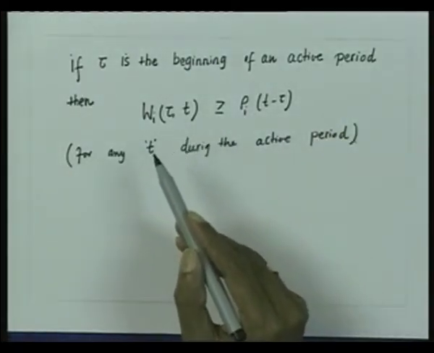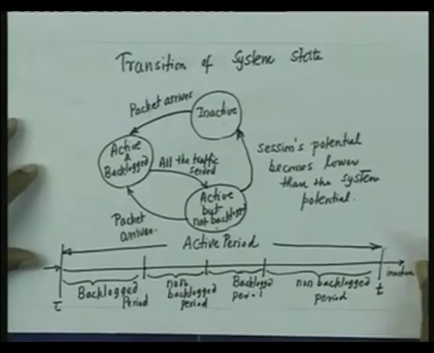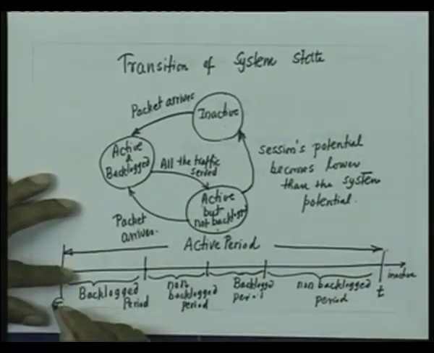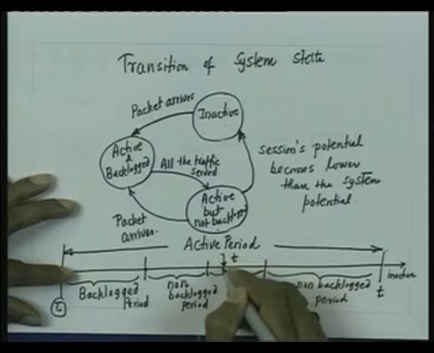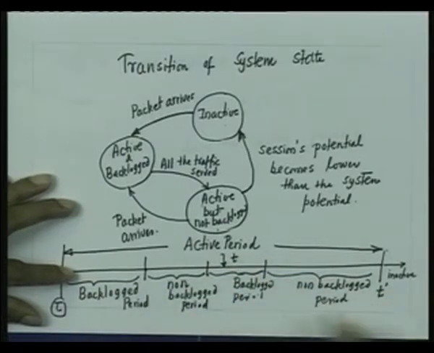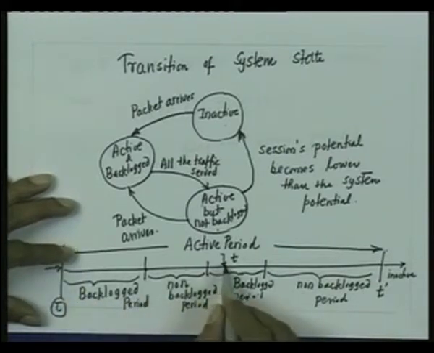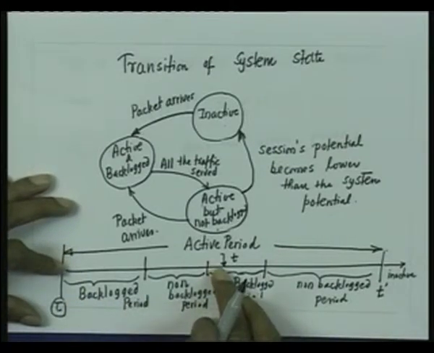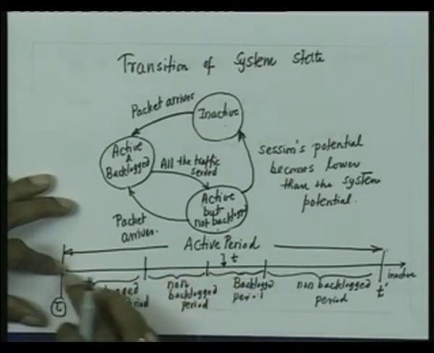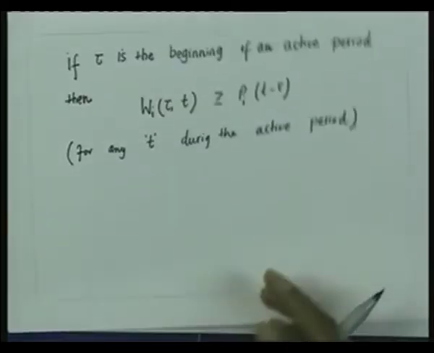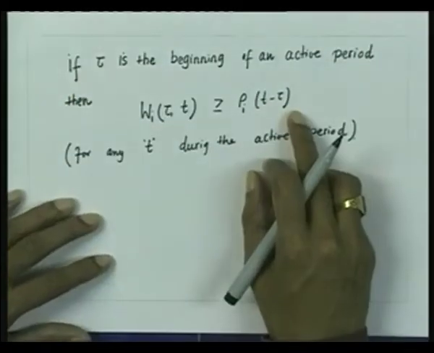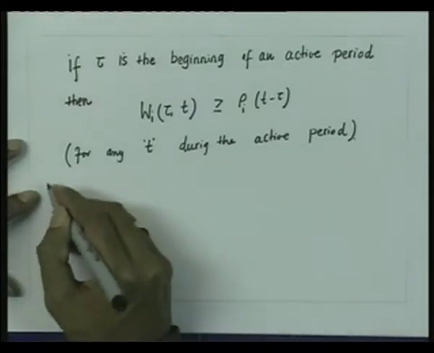In this rate proportional server state transition diagram, if tau happens to be the beginning of an active period, and t is any time here, and the time at which this ends is tau prime, then the amount of service received by a particular session i during tau to t will be greater than or equal to rho i times (t minus tau). Let us prove this result.